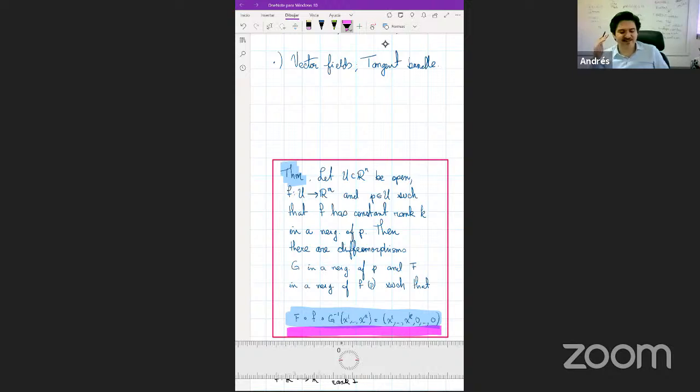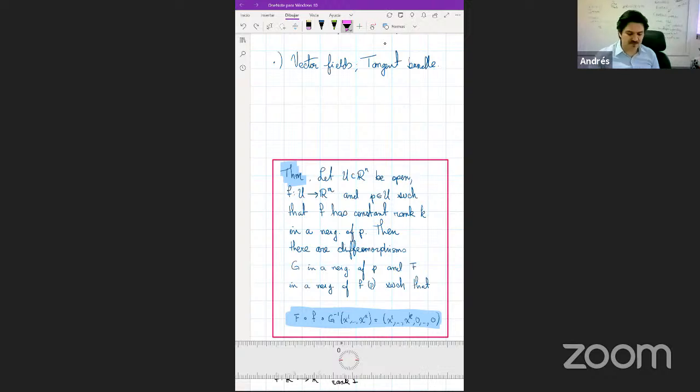Basically, if I have constant rank, it is just a projection. Okay, that's the whole idea of this result. So this is what we will prove.